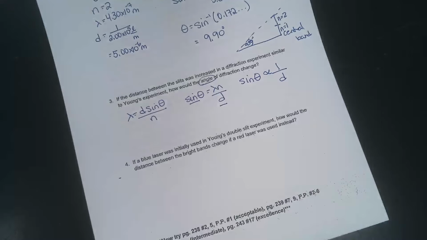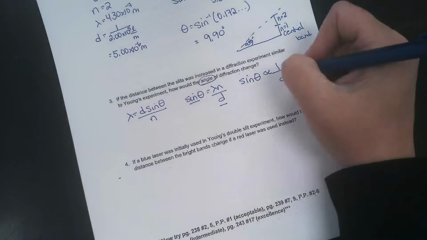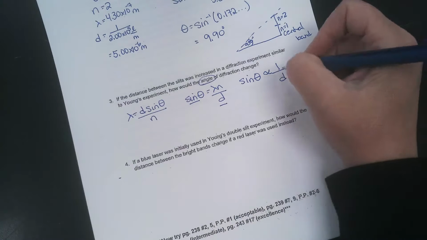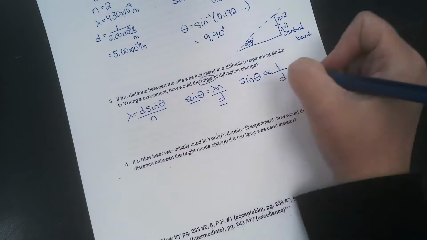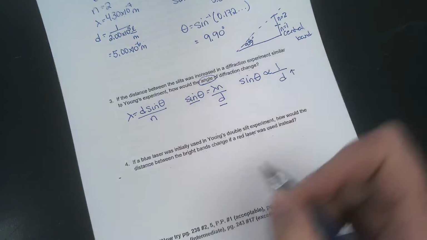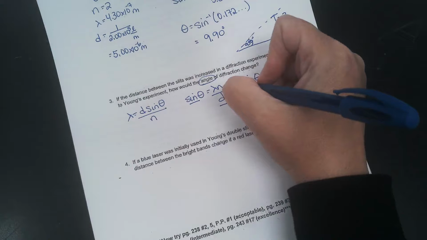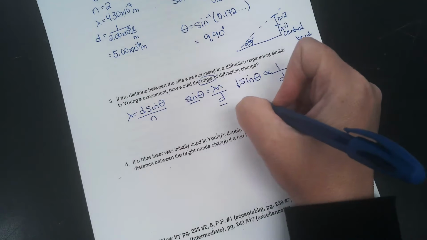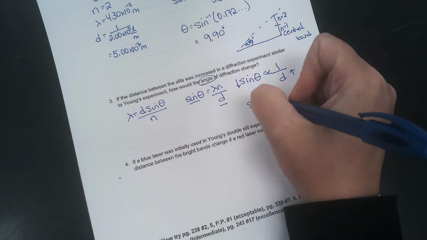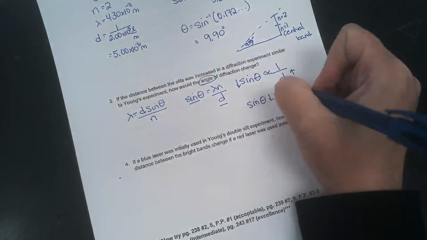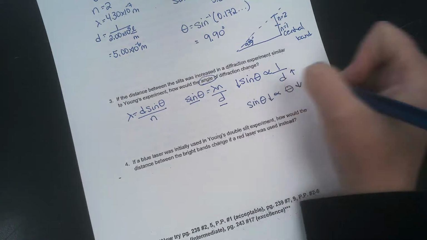So what could we say? As this distance increases, sine theta would decrease. And when sine theta decreases, theta will also decrease.